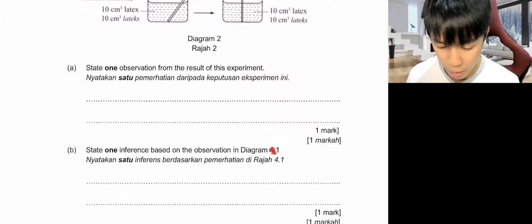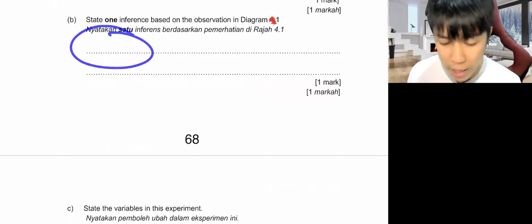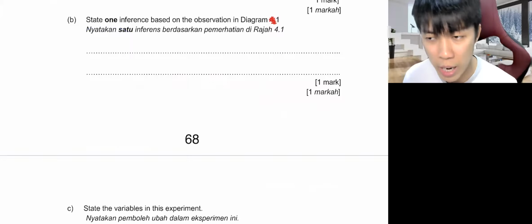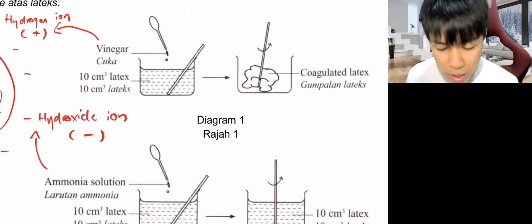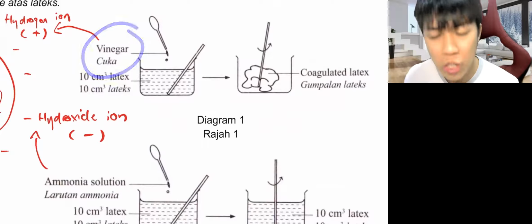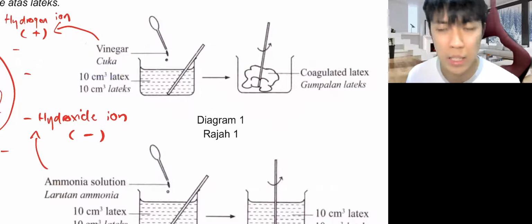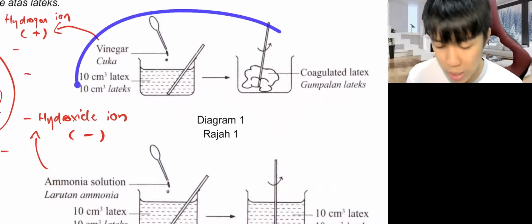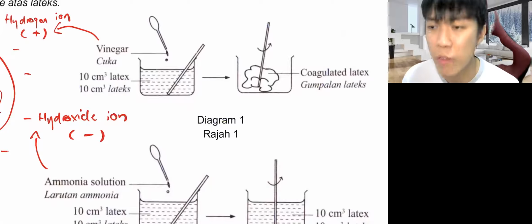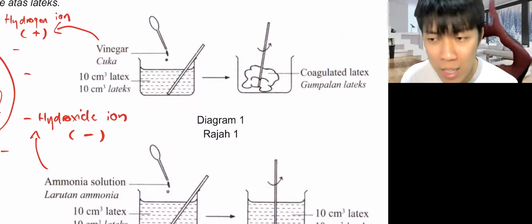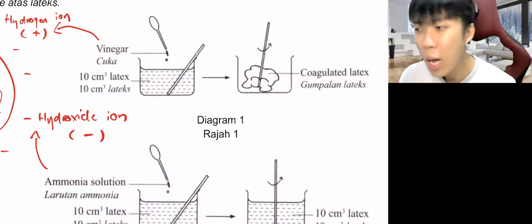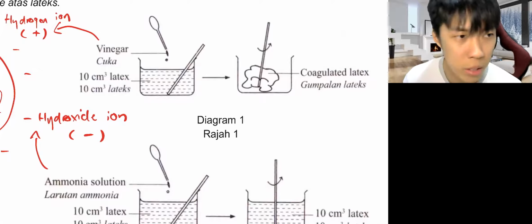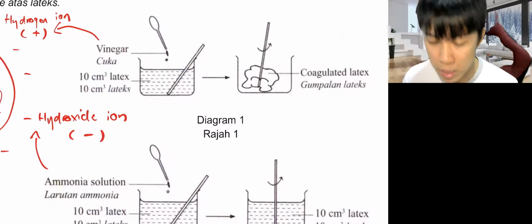So like what? Latex in diagram 1 coagulates because, okay, this is a bit of theory. If you say because vinegar can coagulate the latex, that's not going to give you any mark, because that's basically saying what is already stated here. That is equivalent to saying my mommy is a female, my daddy is a male, which is not saying any answer.